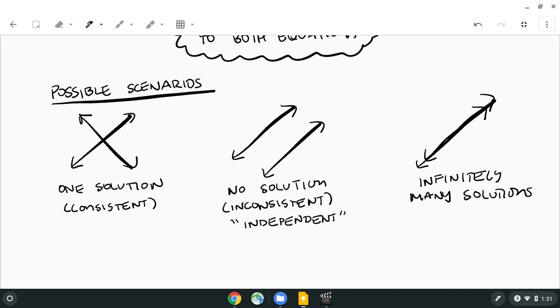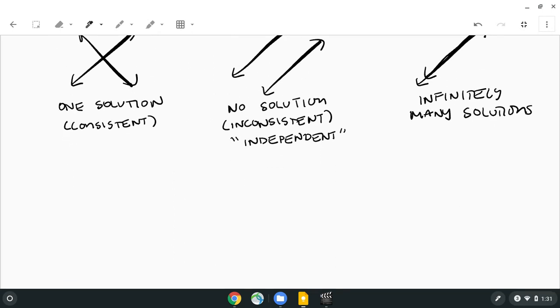And here we say this one is also consistent. And we say this one is dependent.